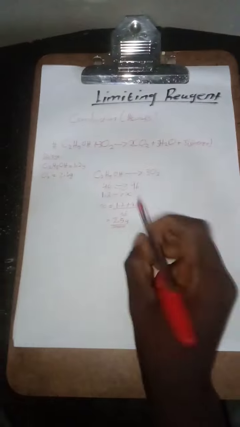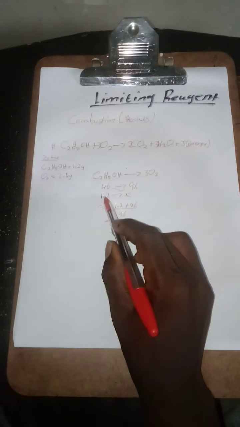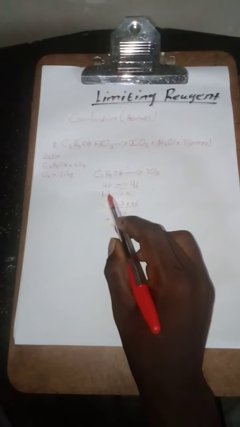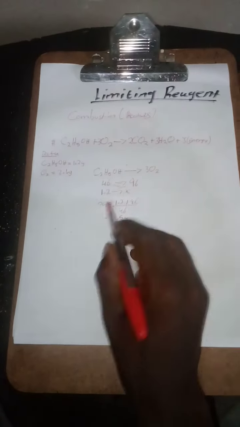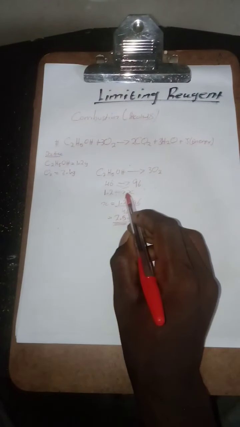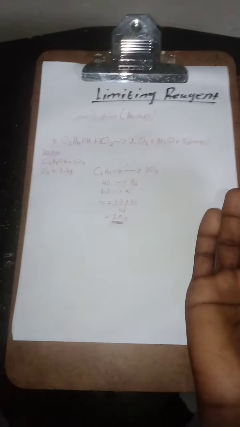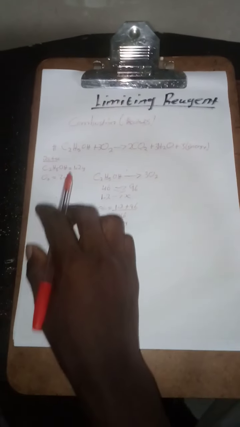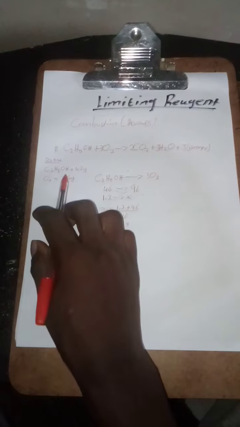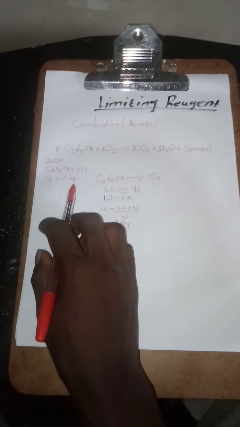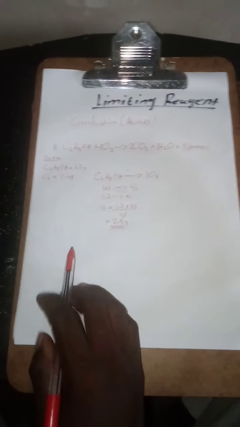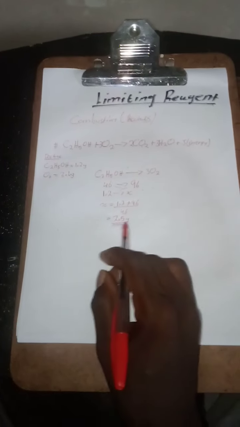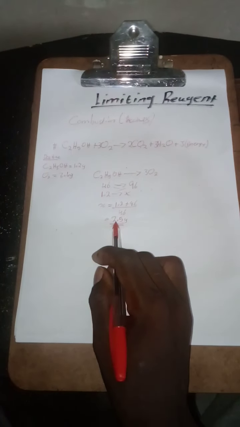So I equate here, this is the 1.2 grams of ethanol. Here we say we don't know what's there. We pretend, of course we have been given, but we want to be sure if 1.2 grams of ethanol really needs 3.4 grams to react with. After we equate here, what you're going to find is 2.4 grams.